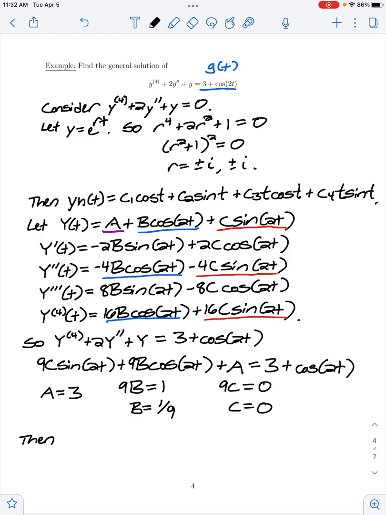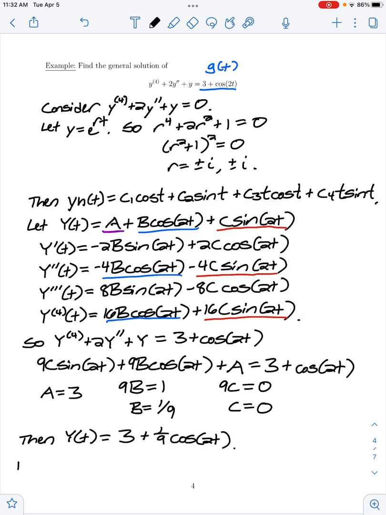So this means that our particular solution, capital Y, is given by a, which was 3, plus b, which was 1/9, cosine of 2t, and then plus 0 sine of 2t.